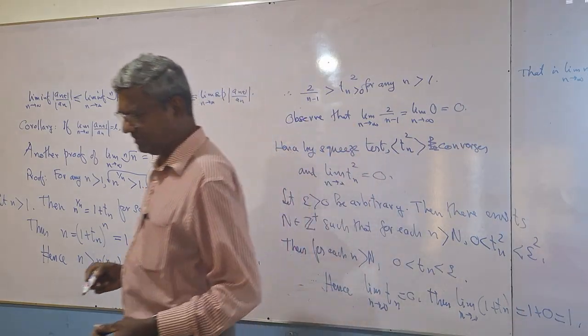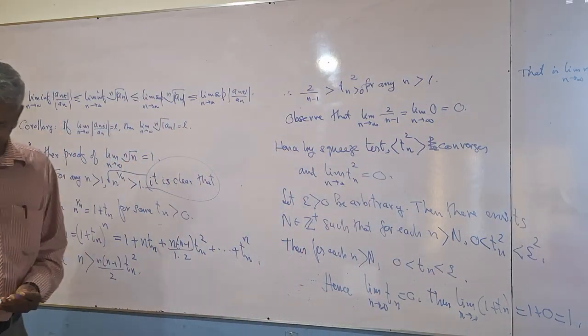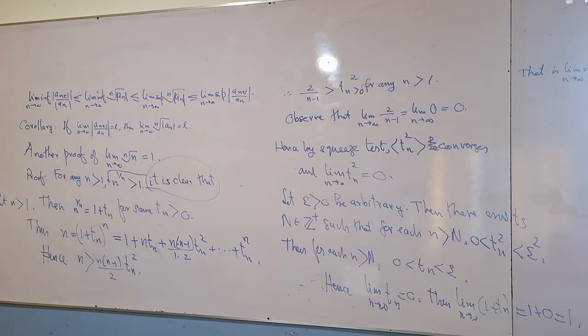So this is an elementary proof of the limit of n to the 1 over n being equal to 1. That one is an advanced proof, no? Applying the ratio test.